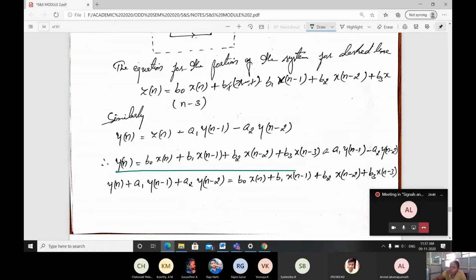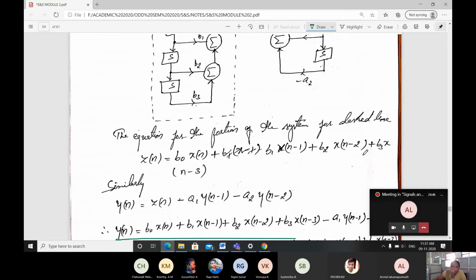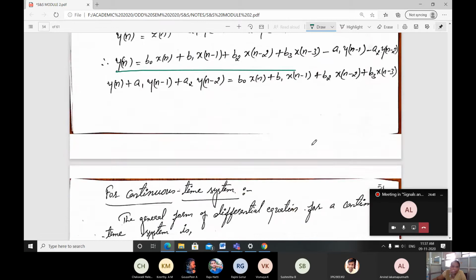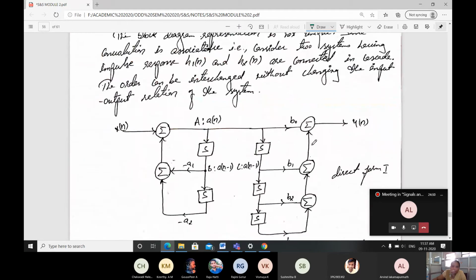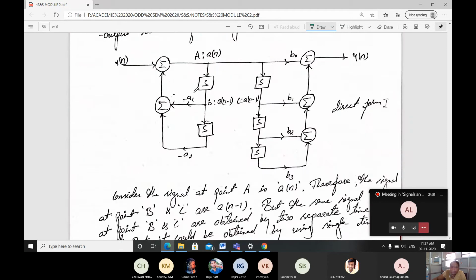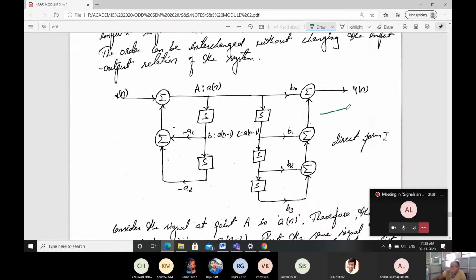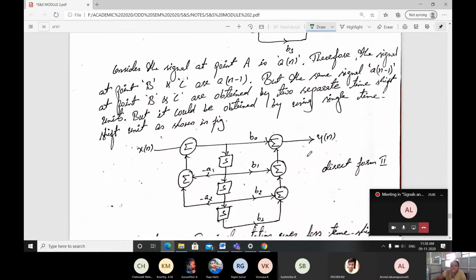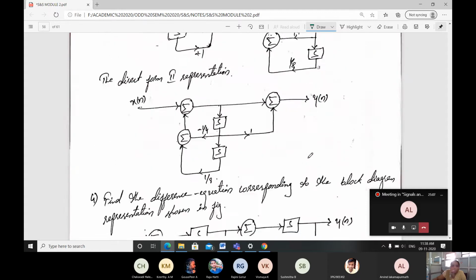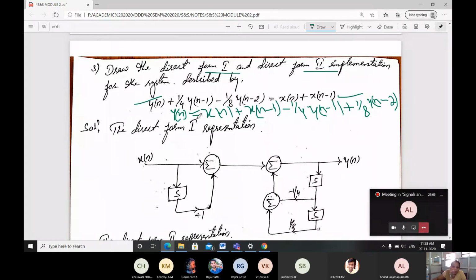Then minus a1 y of n minus 1 minus a2 y of n minus 2. Observe here minus a1, minus a2. When you write in the standard form, we can write the coefficient values in the proper fashion. For that reason, I am telling you to write in terms of y of n.